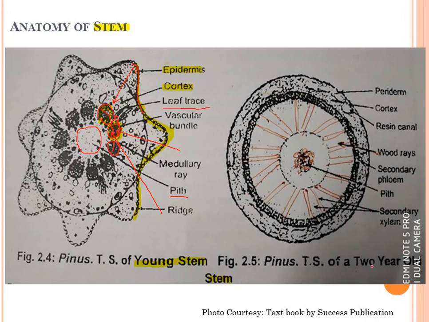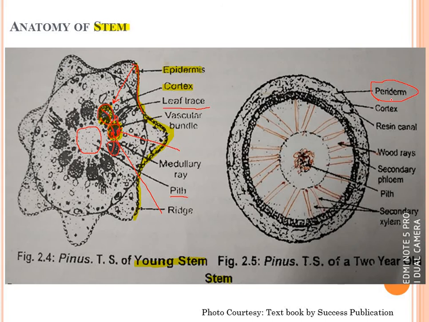Then see the TS of 2-year-old stem. Here now the epidermis falls off and periderm forms. I already told how periderm forms. Periderm is formed due to the cambium ring that is present inside the cortex, and this cambium is responsible for the formation of cork, then secondary cortex and cork cambium, and together the cork cambium, cork and the secondary cortex are known as periderm.